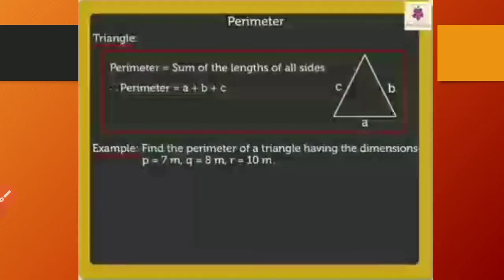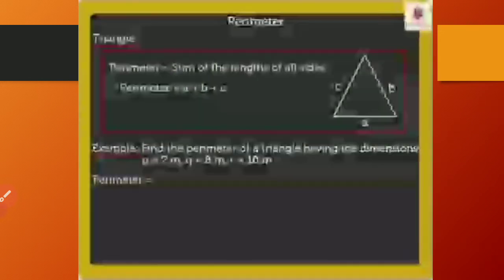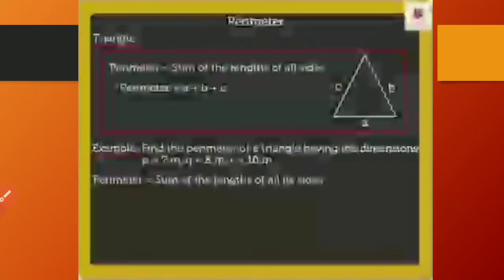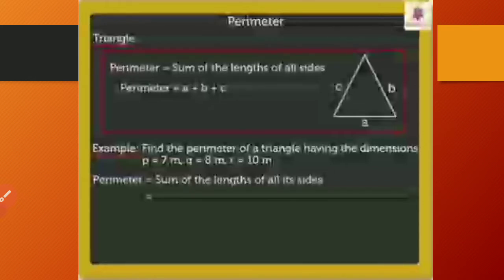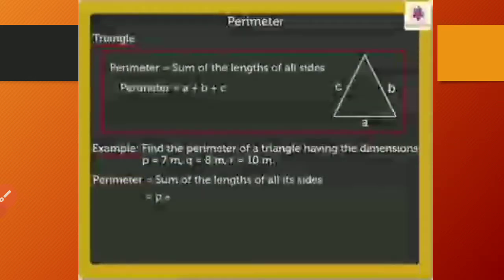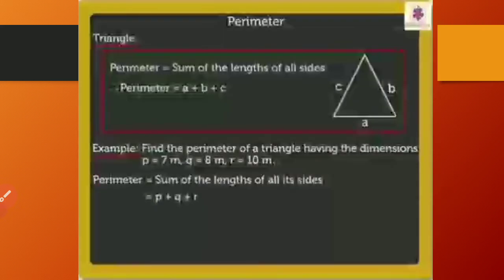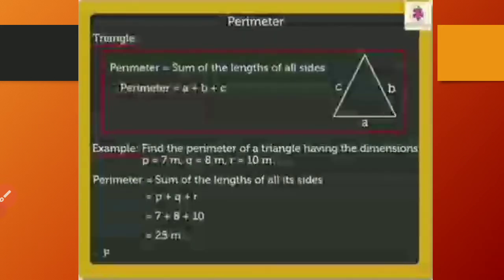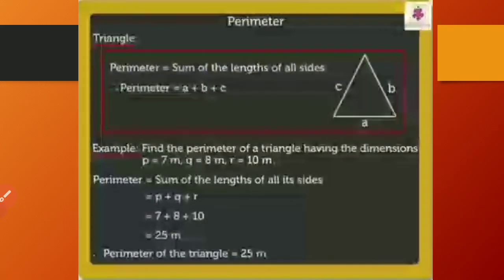We know that perimeter of a triangle is equal to the sum of the lengths of all its sides, which is equal to P plus Q plus R. That is 7 plus 8 plus 10, which is equal to 25 meters. Thus, perimeter of the triangle is equal to 25 meters.